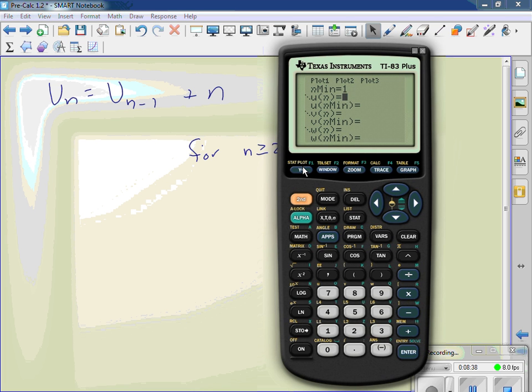For the calculator to understand it's u sub n, you notice it says u in parentheses n. So to type it, I hit second 7. That is your u. Second 7 is the u.